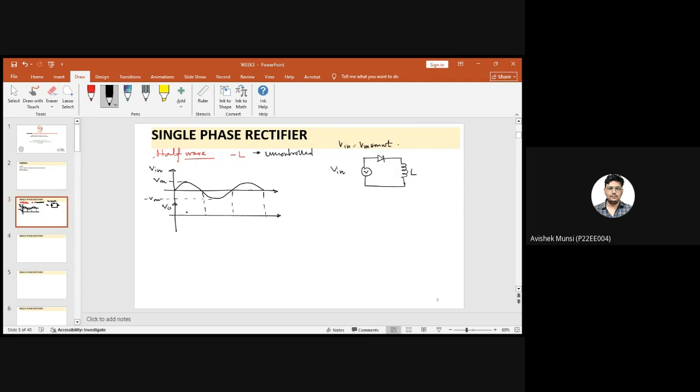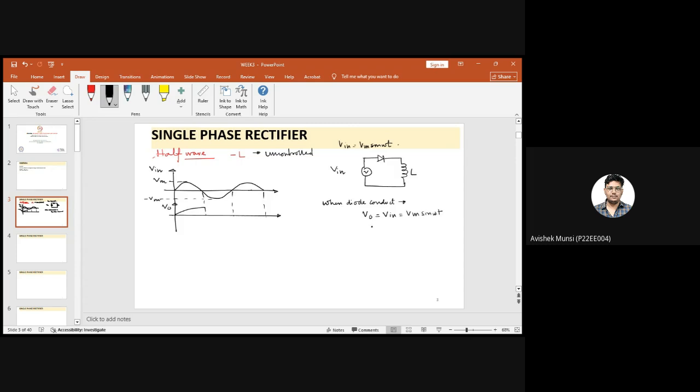In the first half cycle, when the diode conducts, this L will charge, right? L will charge. So we will have V0 equal to Vin, that is equal to Vm sine omega t.